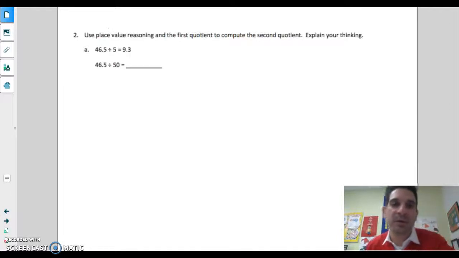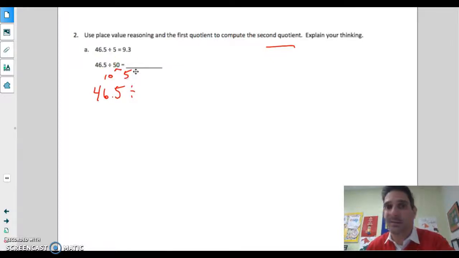Using place value reasoning, the first quotient is used to compute the second quotient. What they did here was 46 and 5 tenths divided by 5, and they got 9.3. They want you to compute the second quotient. So I do 46 and 5 tenths divided by 50, and I'm going to break this 50 down to 10 and 5.